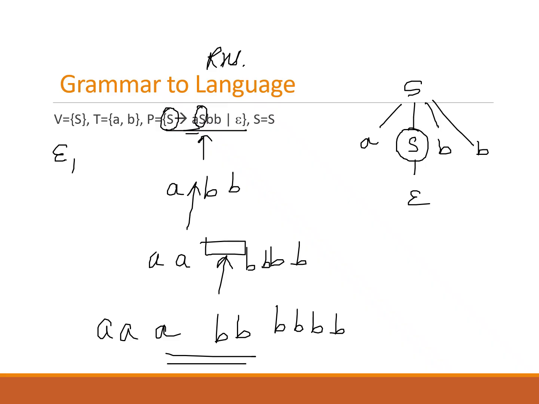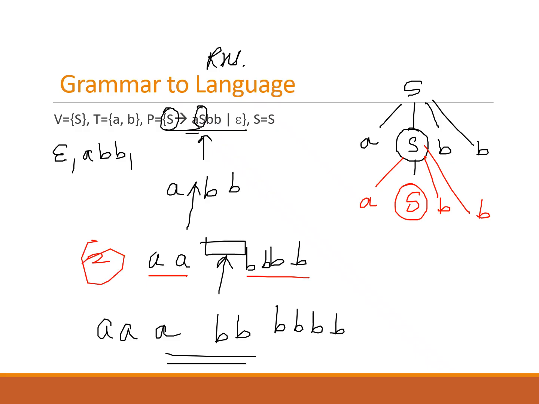So this would be accepting A, B, B. Now, instead of making this epsilon, if we expand it again using A, S, double B, this is creating a recursion and we have double A 4 times B. So this is my next string which is getting accepted.